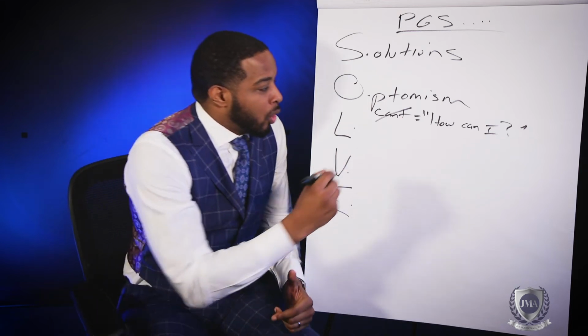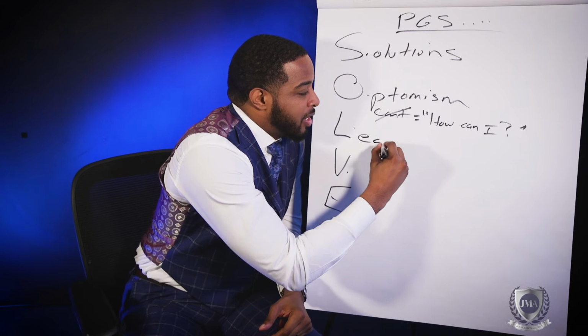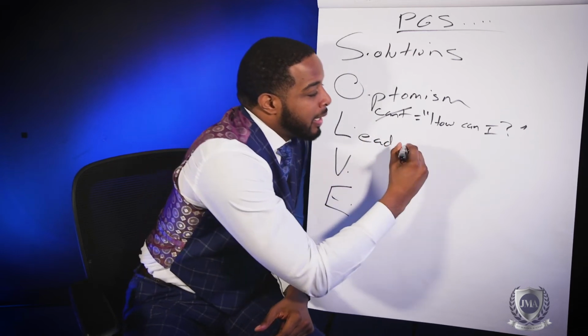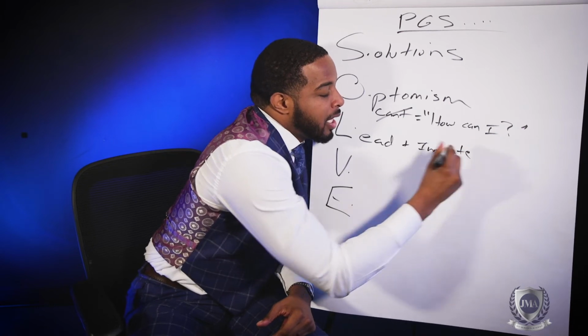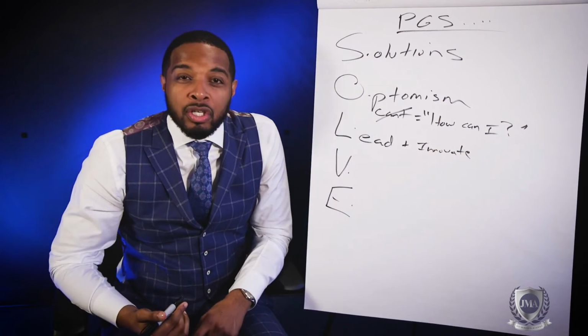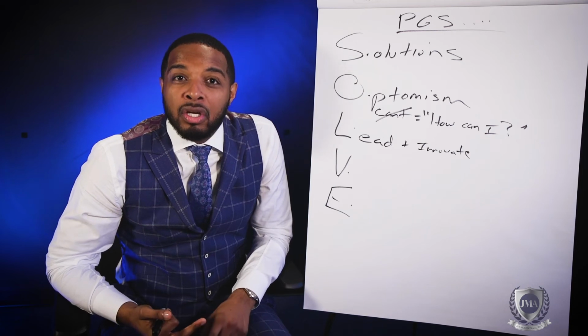And so it's also important to find your PGSs, is to lead and to innovate, right? It goes back to being that trailblazer. It goes back to being that pioneer, right?